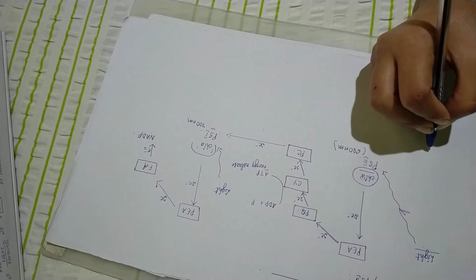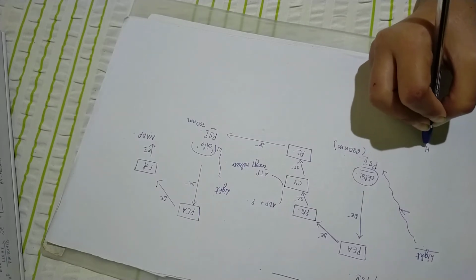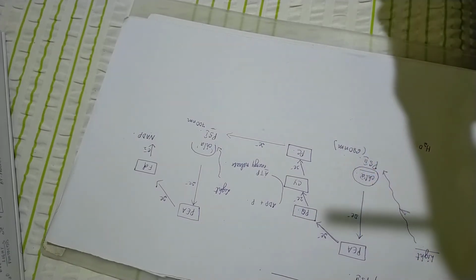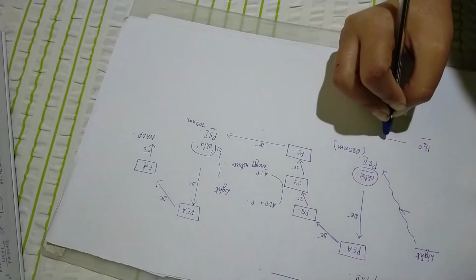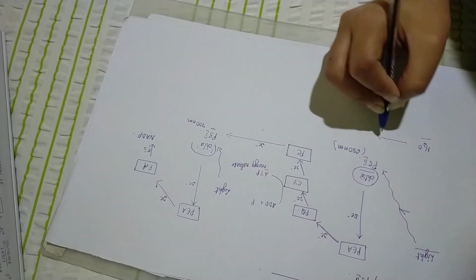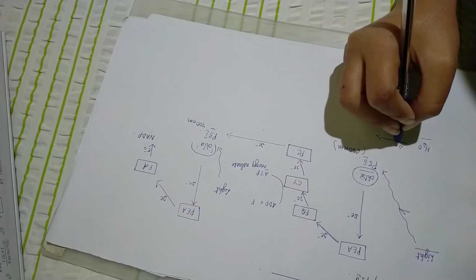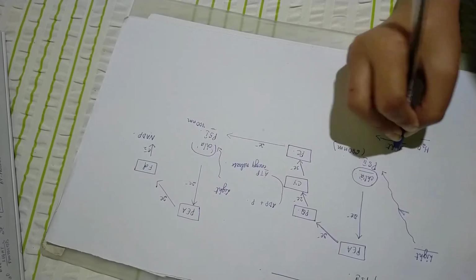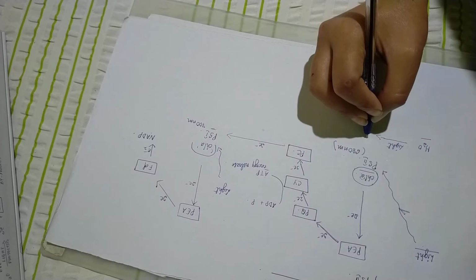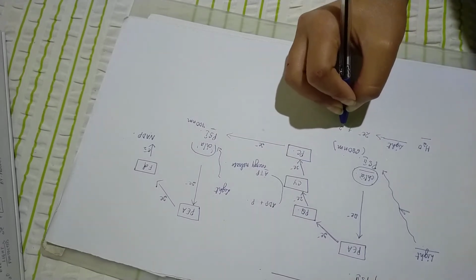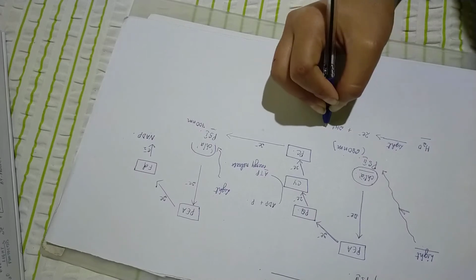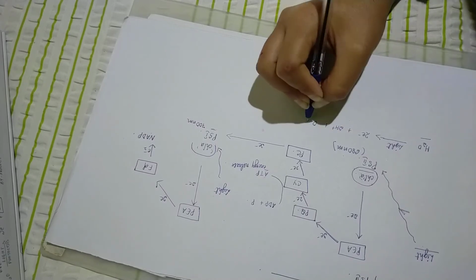Photolysis of water means breaking of water. So this is water, and by light it gives 2 electrons plus 2 protons plus oxygen.